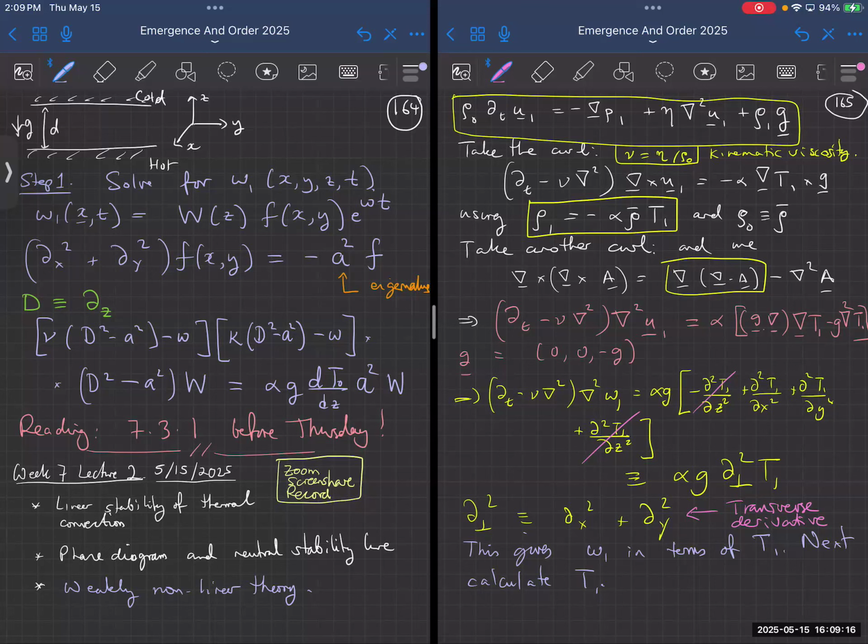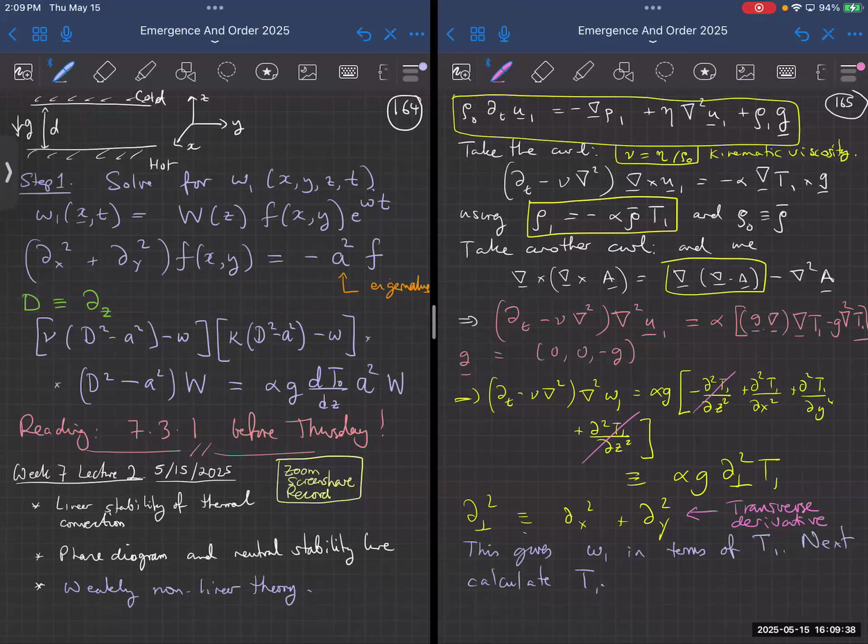So we've now got the equation for W1 in terms of T, but we don't know what the equation for T is. And the thing is, W1 is in terms of T, but we know that T is advected by the velocity field. So you can think of this as like in general relativity, where space tells matter how to move and matter tells space how to curve.